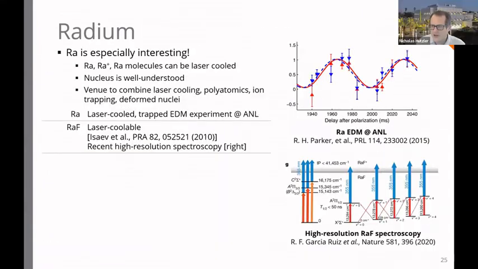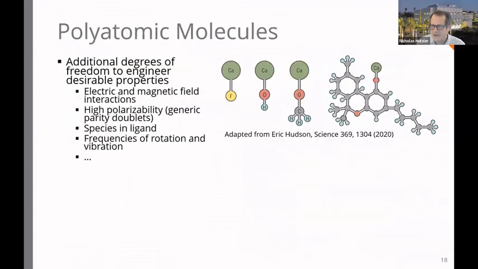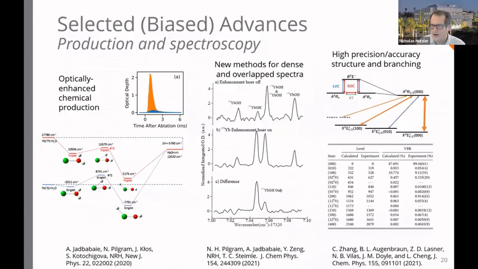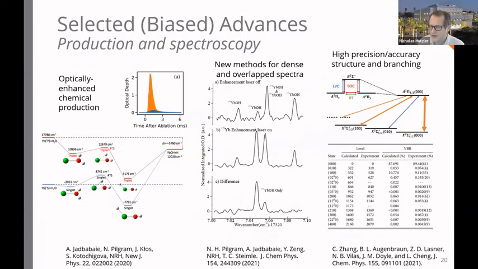Yeah. So actually, maybe I don't have the structure on here. Well, here you go. This is a good one. This diagram is a generic diagram, but I think this is actually for SrOH. For the most part, there were not any surprises. But there were a few, including some important ones.